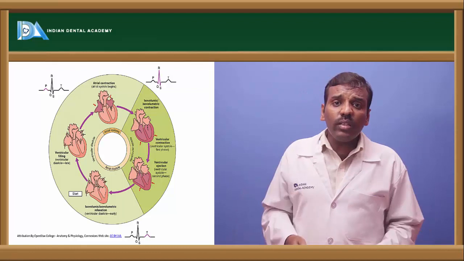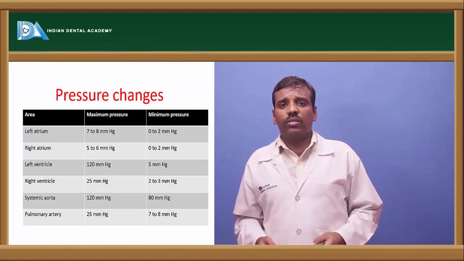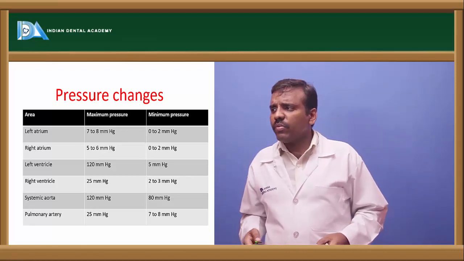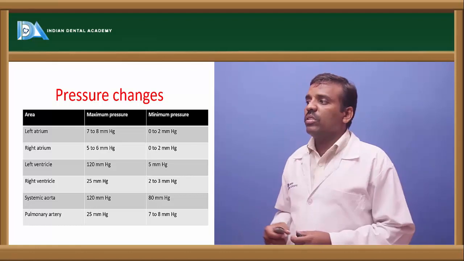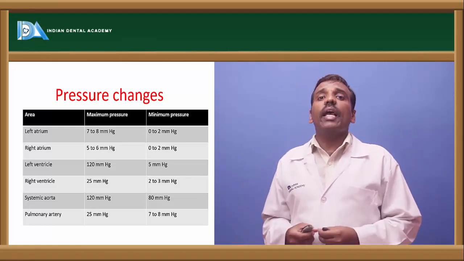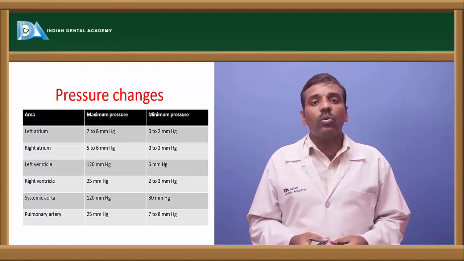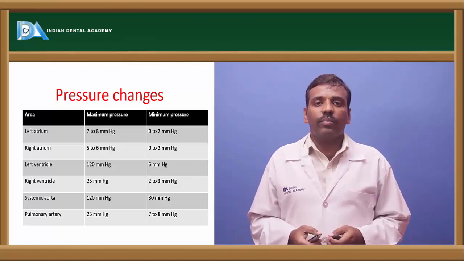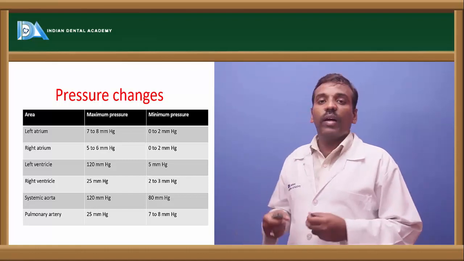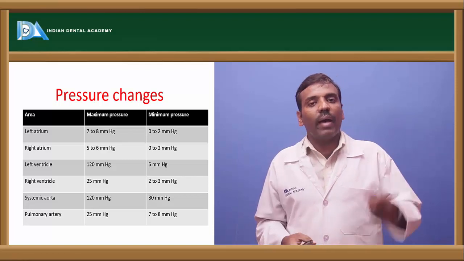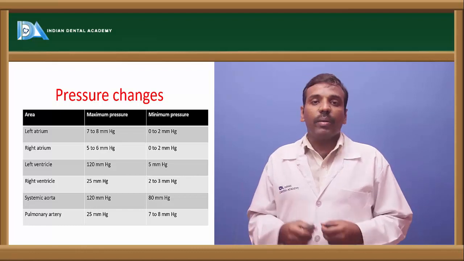And during this, some pressure changes occur. What are the pressure changes? In case of the left atrium, the maximum pressure is about 7 to 8 millimeters of mercury, and the minimum pressure is about 0 to 2 millimeters of mercury. And next, in case of the right atrium, about 5 to 6 millimeters of mercury is the maximum pressure, and 0 to 2 millimeters of mercury is the minimum pressure.